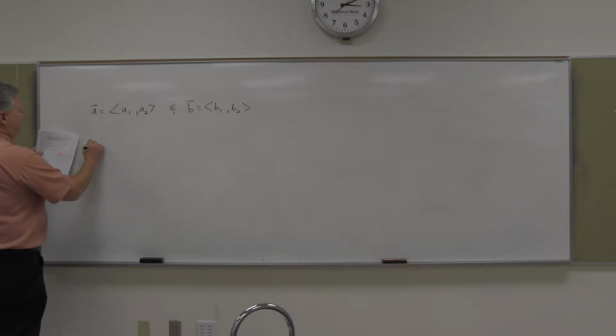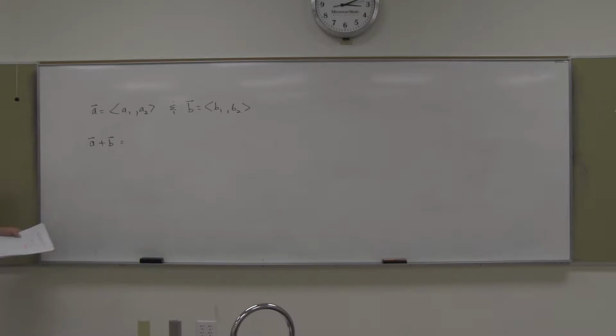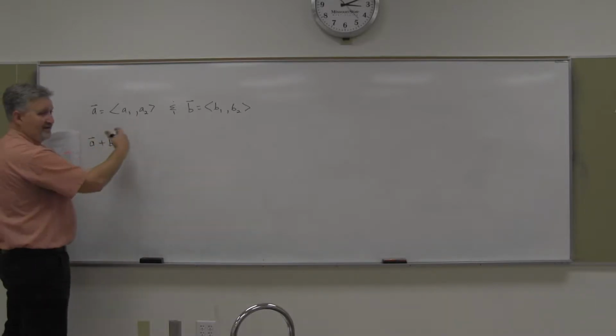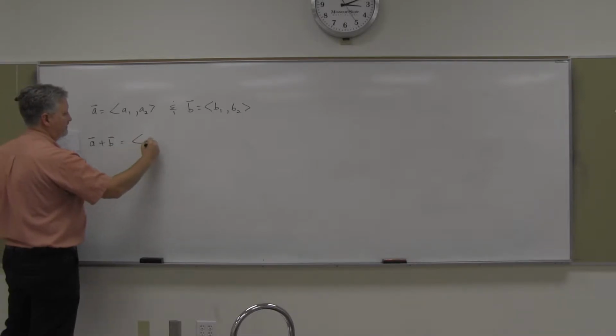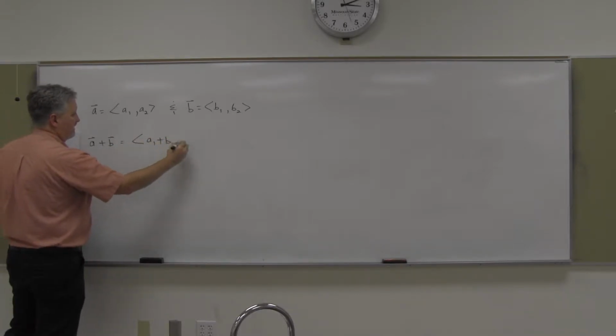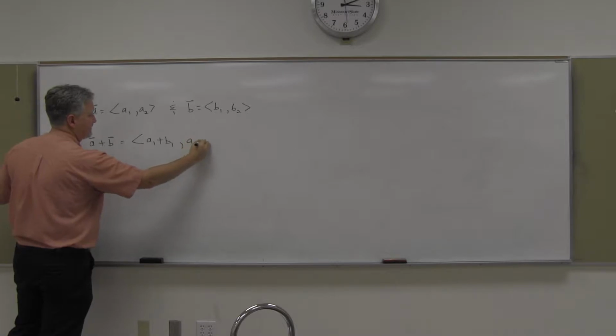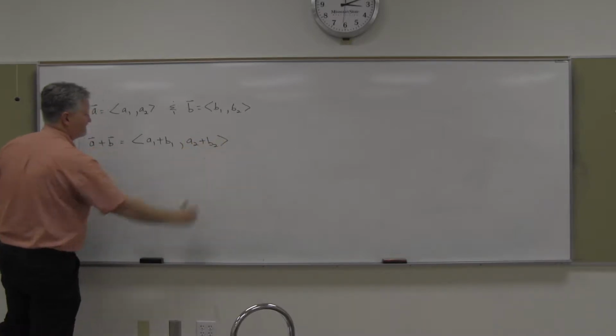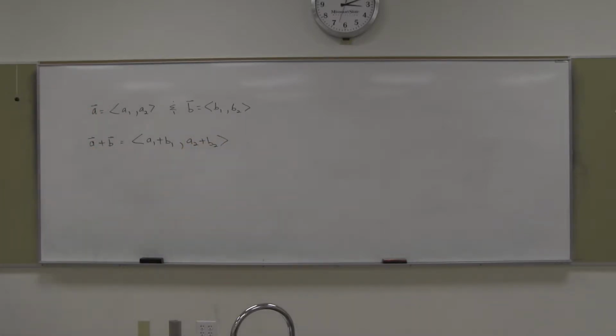A vector plus B vector, you do the terminal point of one to the initial point of the other. But if you got the components, it's just a matter of adding them. And we can go through adding the components. So it's very, very simple to add vectors that are in this component form.